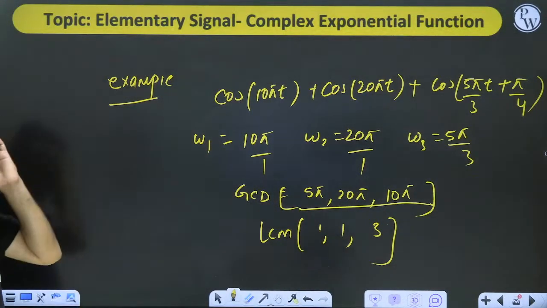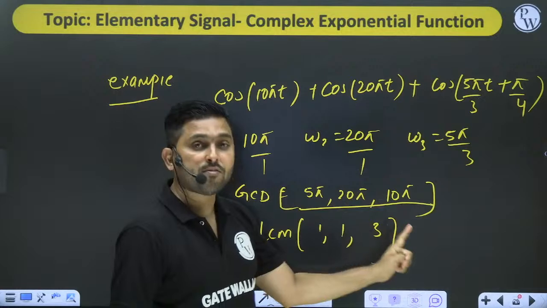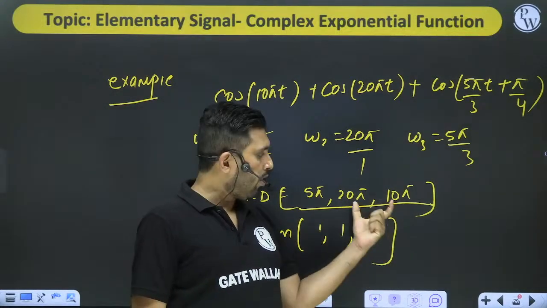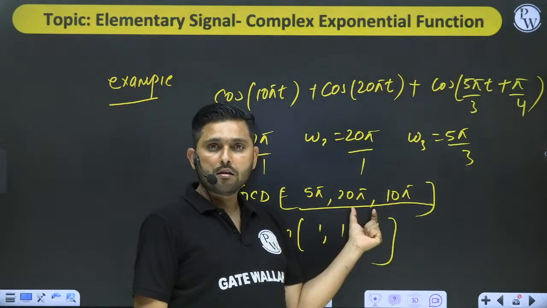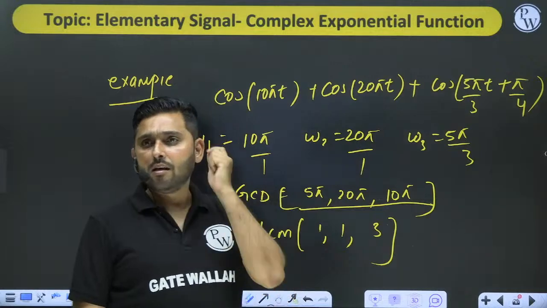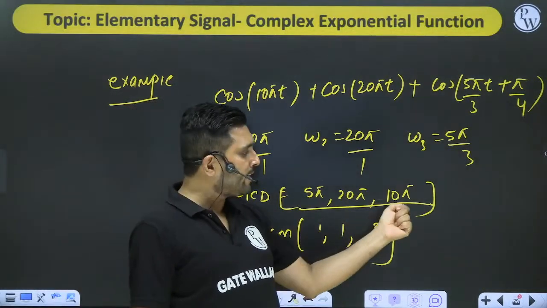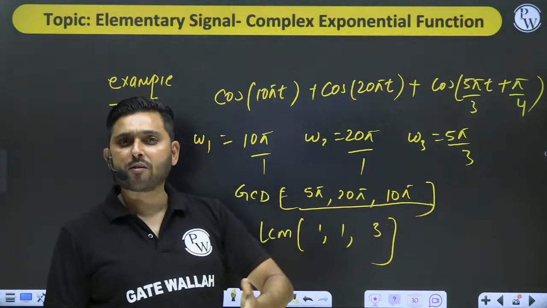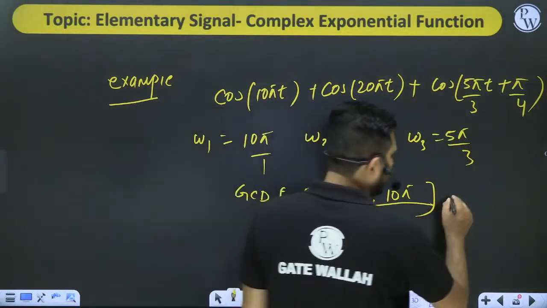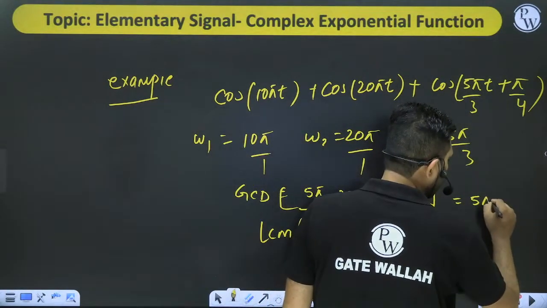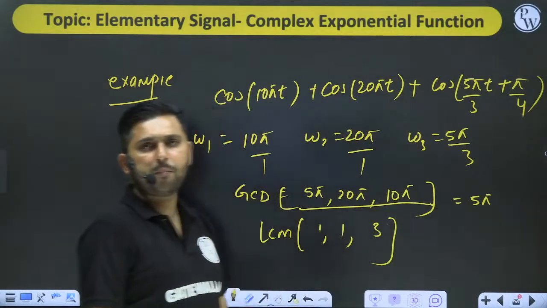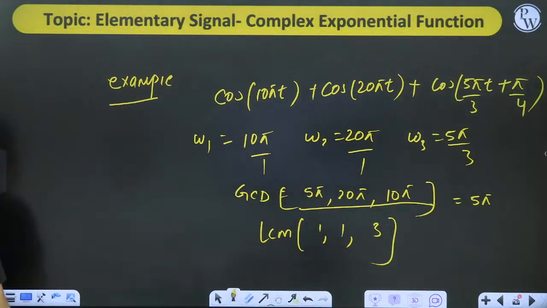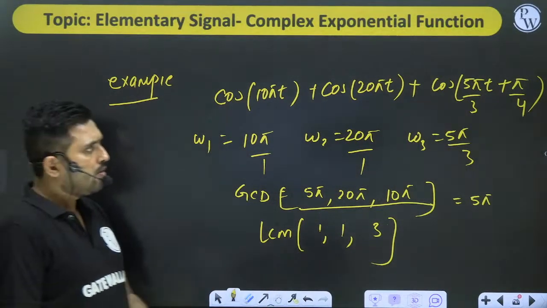Now this time look at this one. What is the highest value in this numerator that I will take, so that it will divide the integer set of values? This value is 5 pi, I think. See, this is 5 pi.